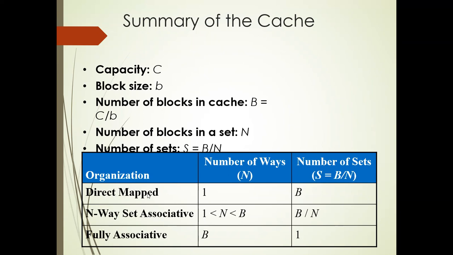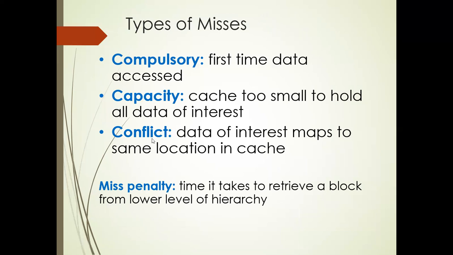In the direct mapped cache, you have N equal to 1 and S equal to B. In the N-way set associative cache, usually N should be between 1 and B, and the number of sets will be B divided by N. This should be an integer. In the fully associative cache, you have S equal to 1, which means that N equals B, and this is the extreme case. Okay, so remember, if you increase the number N, then you can reduce the conflict misses.